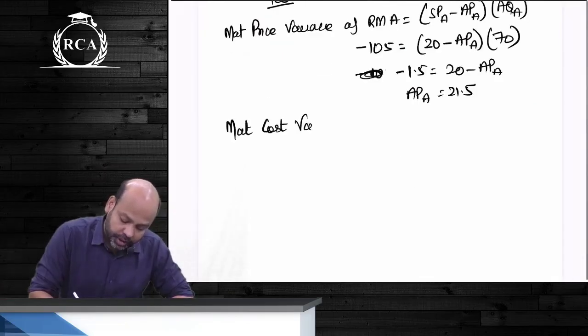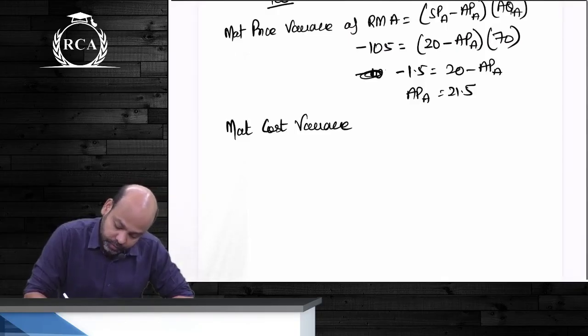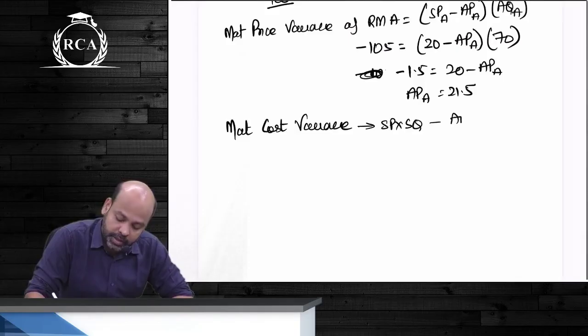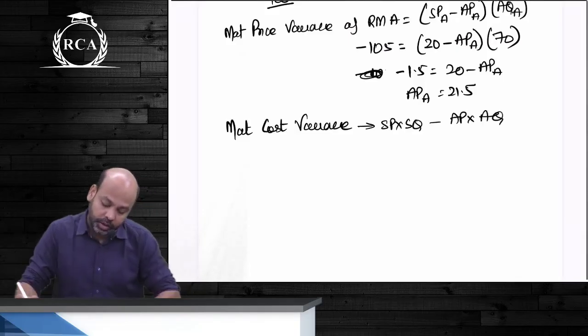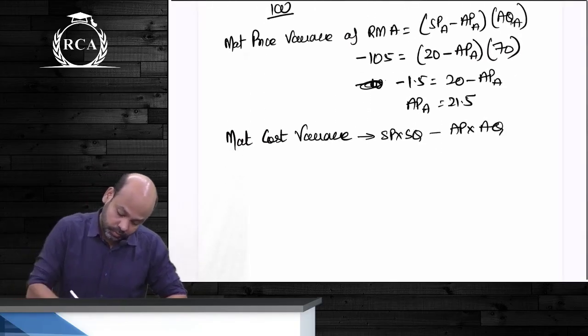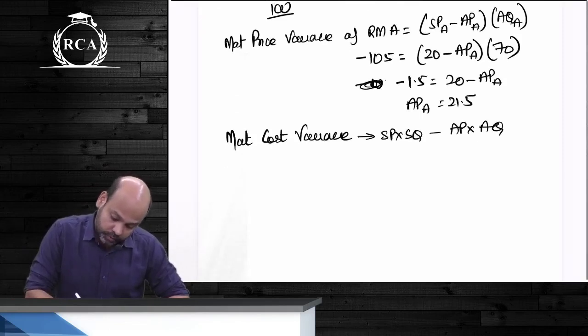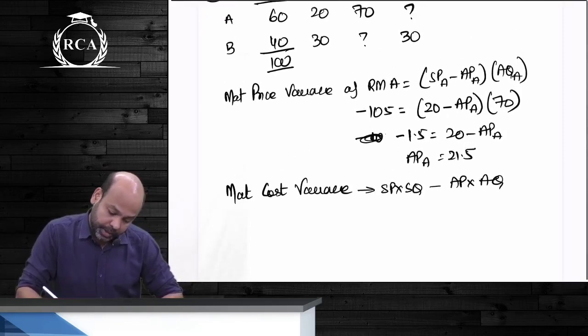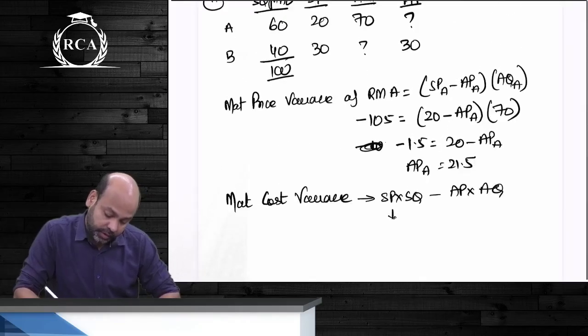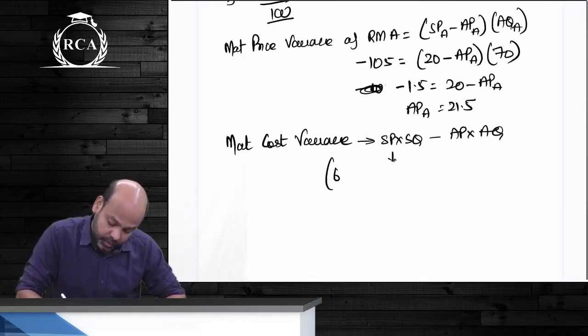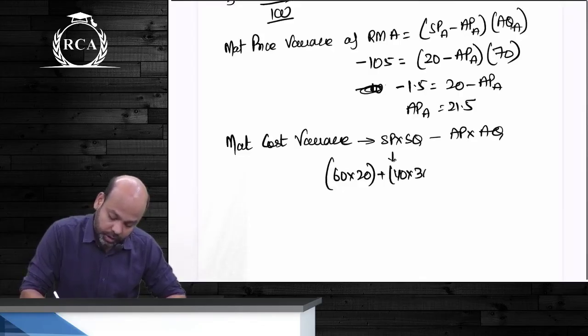Material cost variance. The formula is standard price into standard quantity minus actual price into actual quantity. Now, standard price we already know, it is 60 into 20 plus 40 into 30.